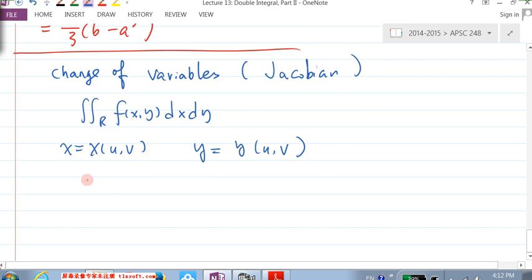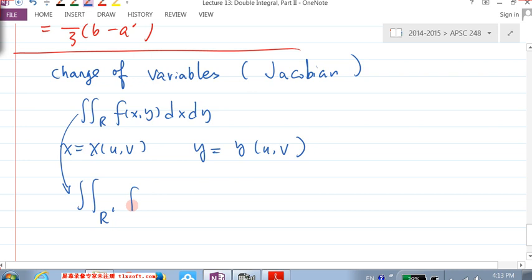So essentially, we're trying to transform from this double integral to a new double integral. The transformation involves two parts. One part is that this region r will be transformed into another shape of region, r prime.